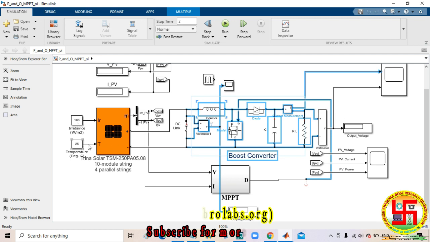That's the reason. Here we connected 10 panels in series and 4 panels in parallel. When we connect a number of panels in series, a voltage mismatching problem will occur. That means all 10 panels will not get the same irradiation, so each panel will generate a different voltage level.